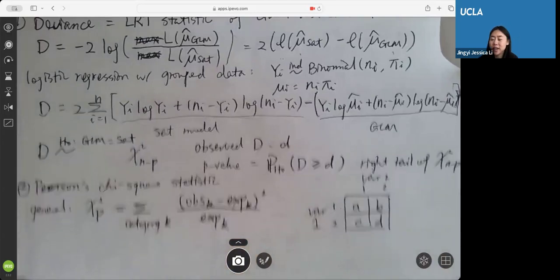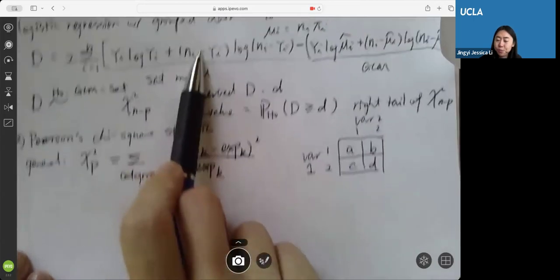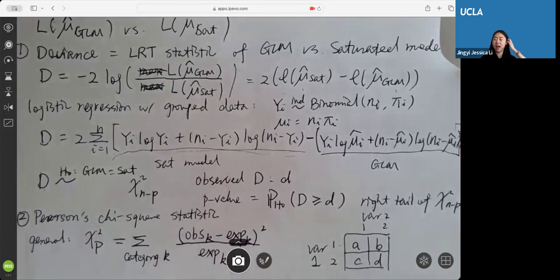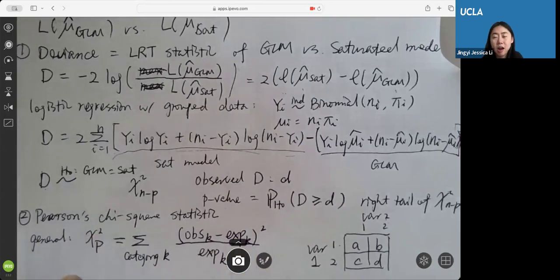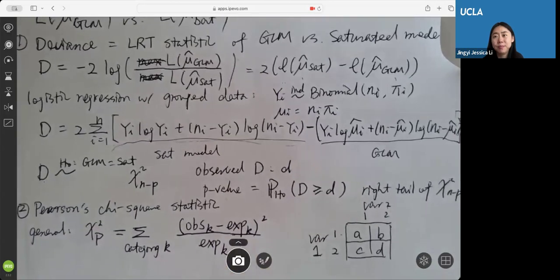Okay, so in this case, if we apply it to the grouped logistic regression data, then each group i is one category. And in this category, our observed value for the response is yi, and our expected value for the response is mu i hat from the GLM.